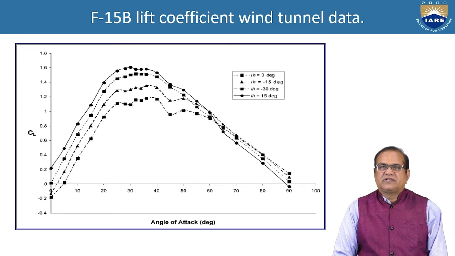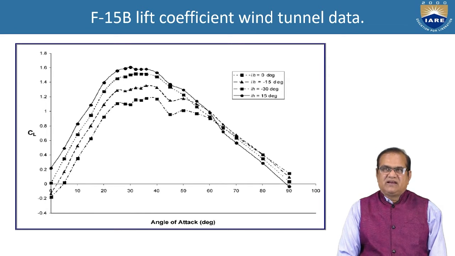Here in this plot, we can see the effect of the horizontal tail, the basic setting of the horizontal tail angle, that is IH, the incidence angle of the horizontal tail. One is 0 degree, another is minus 15 degree. Then we have minus 30 degree, and then plus 15 degree.